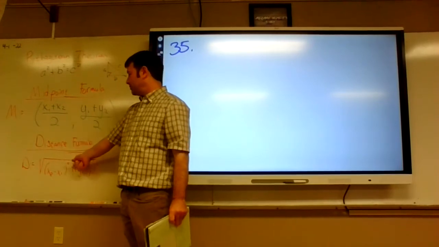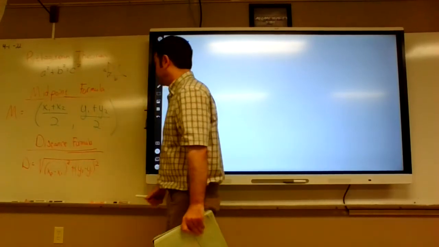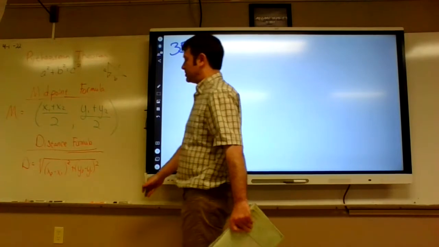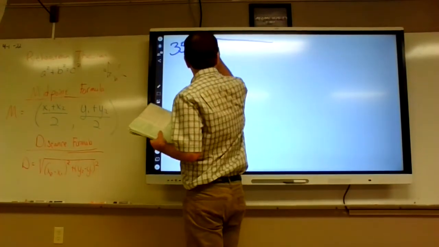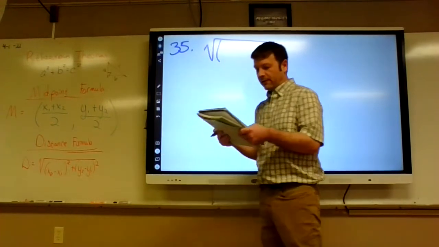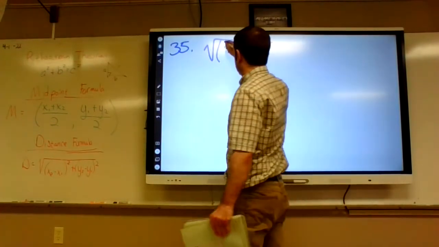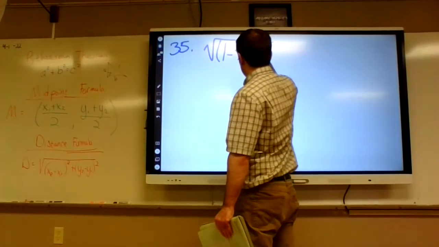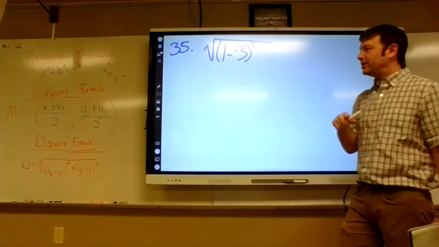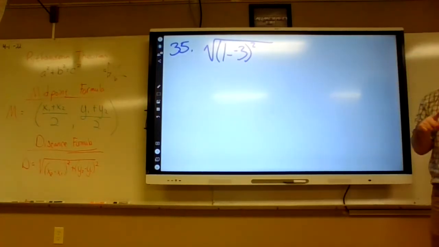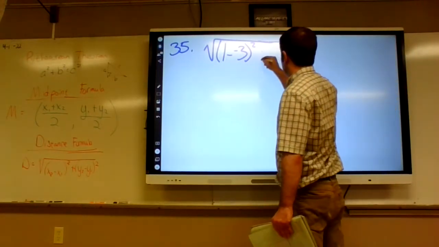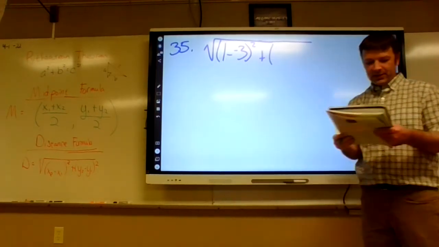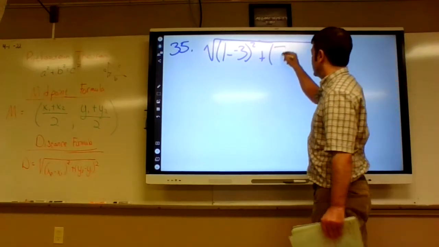So plug stuff in for that. Notice it's x minus x and y minus y. So the x values on 35 are 1 and negative 3. So it's 1 minus negative 3, not 1 minus 3, which a lot of people would do. So it's like 1 plus 3. And then on the y's, it's 7 and 9. So it's 7 minus 9.